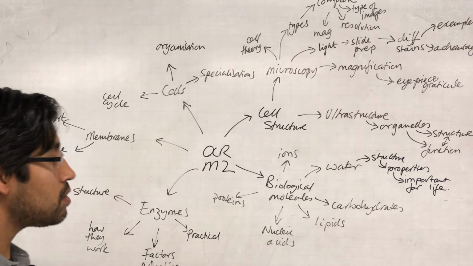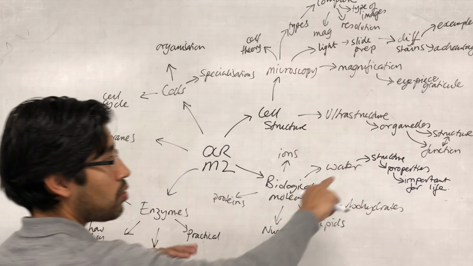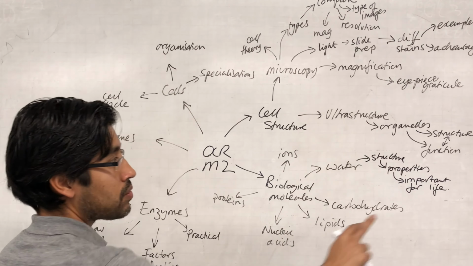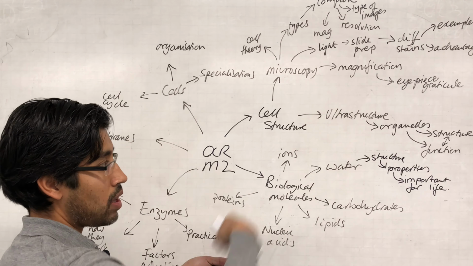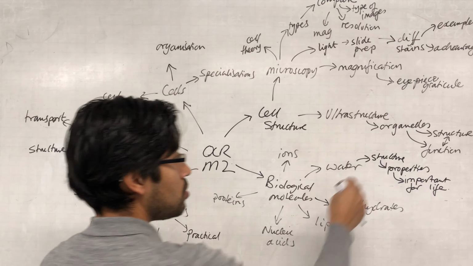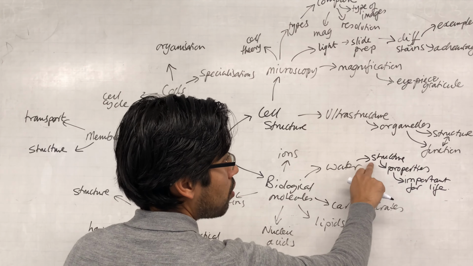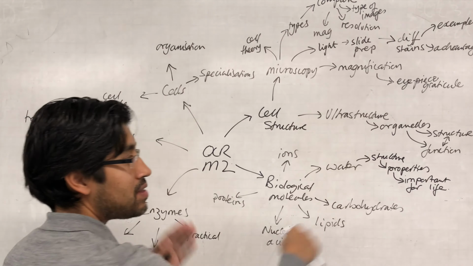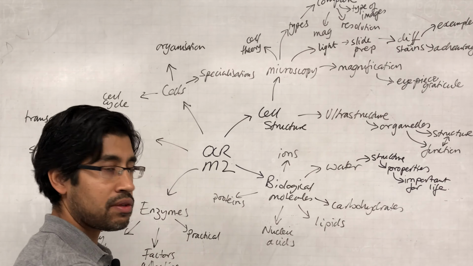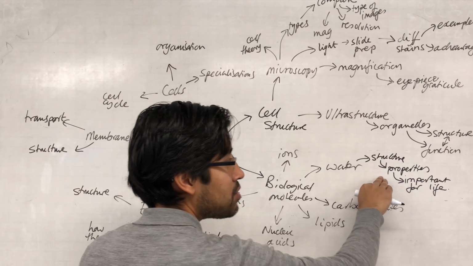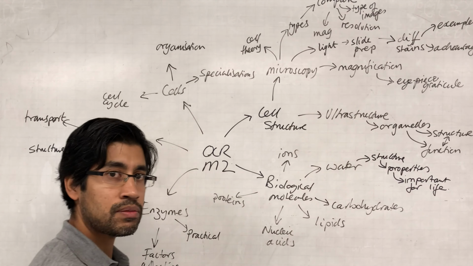Those three things are very important to not only know individually, so you could write a few points about the structure of water, you could list off its properties, but you also need to know what is it about the structure of water that makes it cohesive? Okay, and then why is cohesiveness important for life?